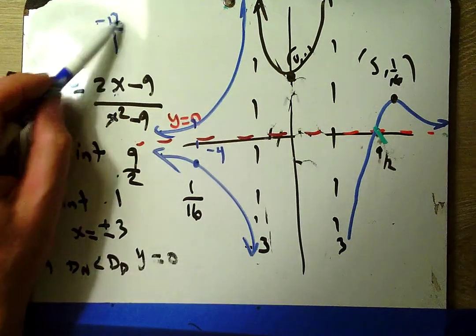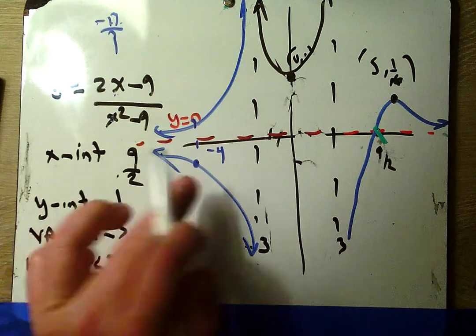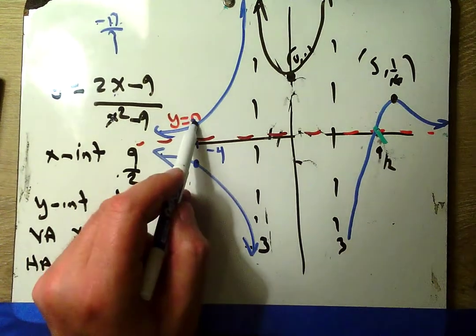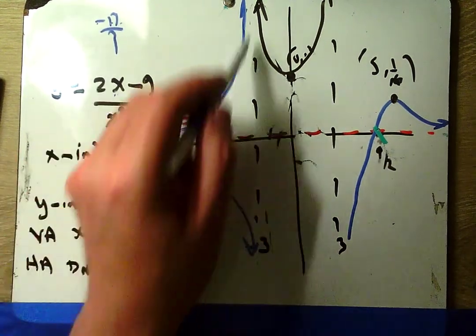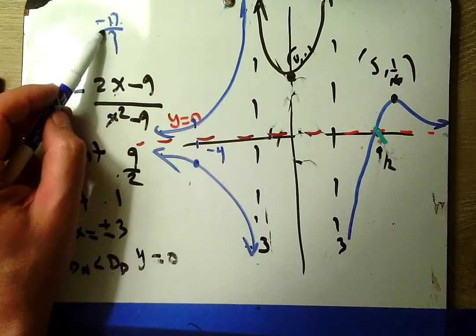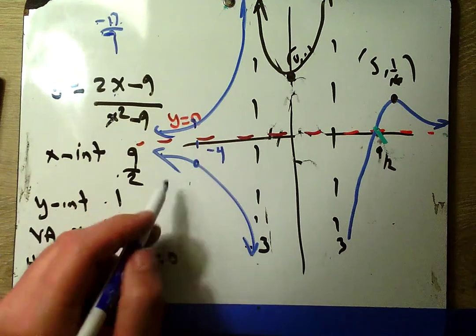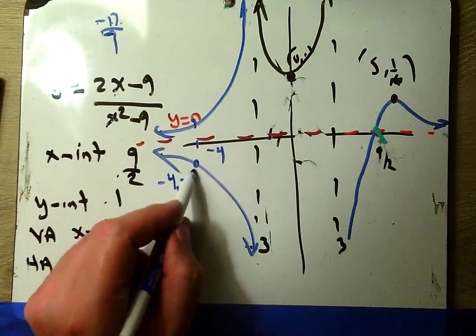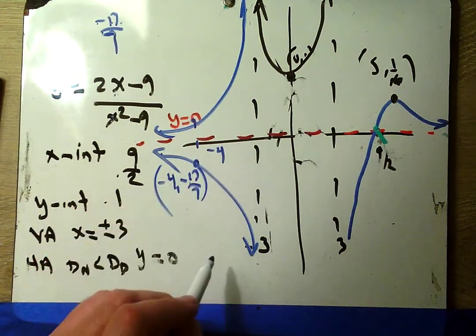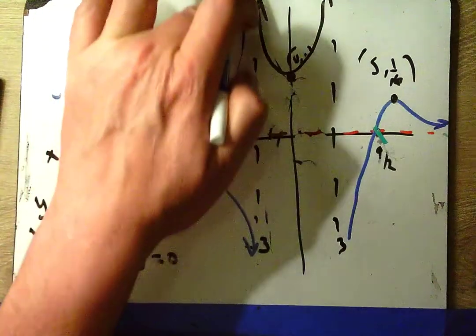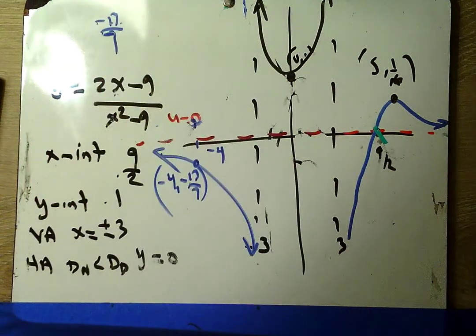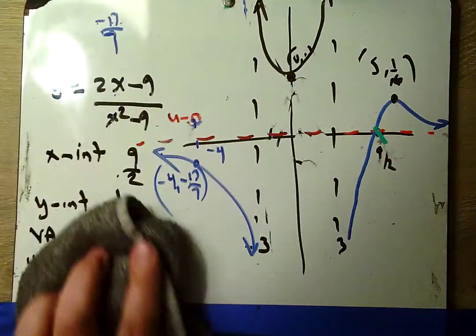Well, look, negative 17 over 7. So this point here, not this point here. In order for me to have this graph, that test point would have had to give me positive 17 over 7. But instead at negative 4, I had negative 17 over 7. And so this goes away. Ta-da! Graph.